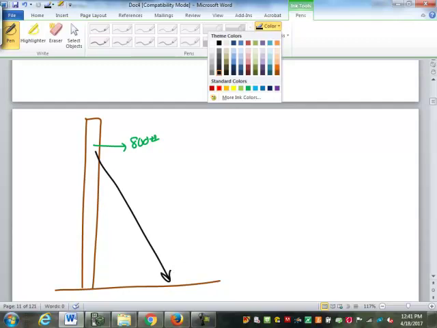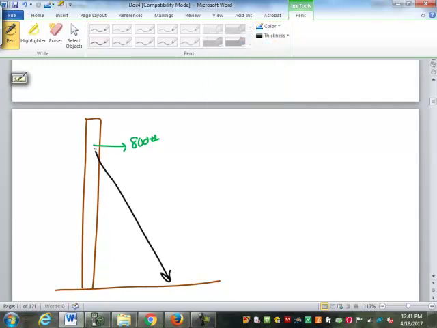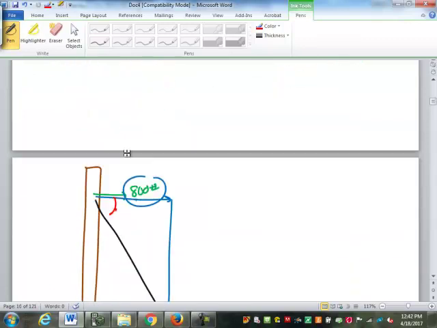All forces can be broken down into a horizontal and vertical component. This horizontal component has to be 800 pounds to counteract the 800 on the wires pulling the other way. This angle here is the same as this angle. So this angle is 62.78 degrees.